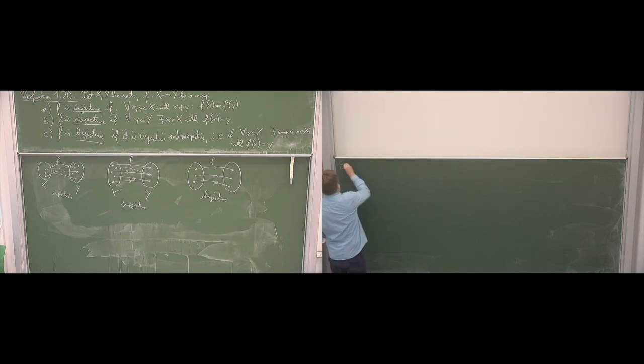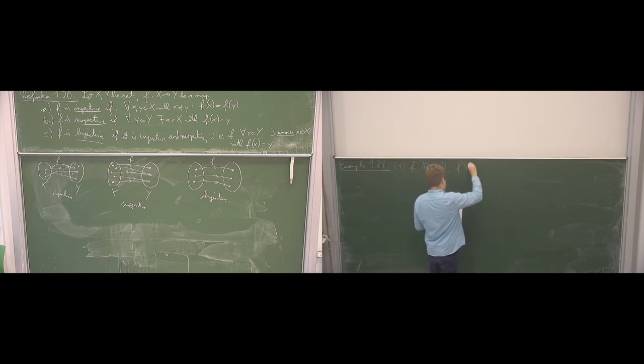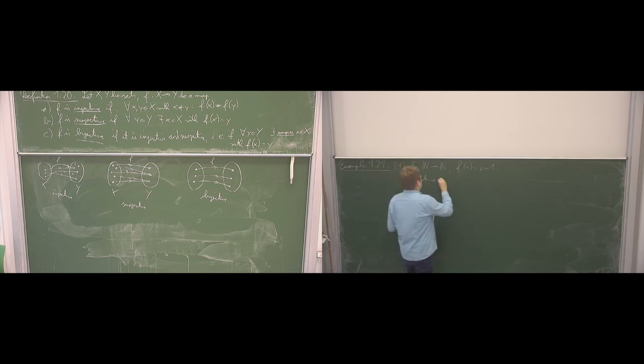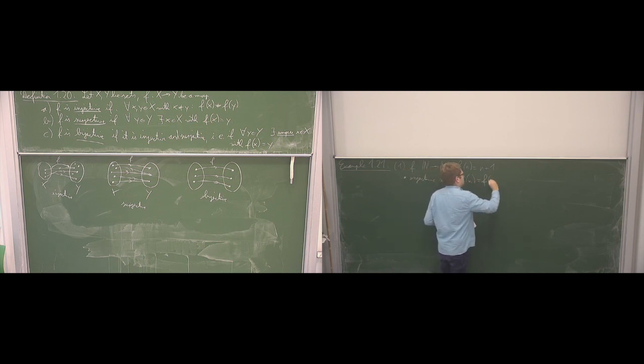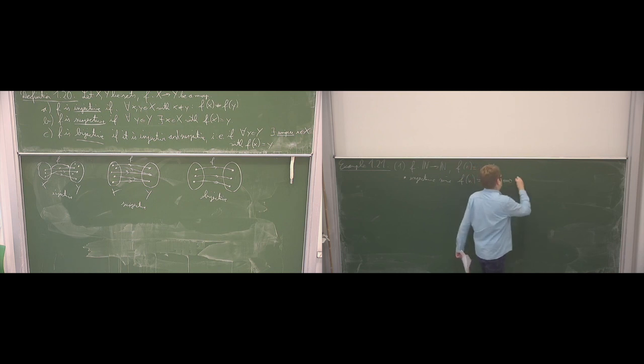So example 1.2.1. First of all, the map which goes from the natural numbers to the natural numbers, namely f of n is simply n plus 1. Okay, this map is injective, since if two images coincide, so if f of n is equal to f of m, this would mean n plus 1 is equal to m plus 1, and this only holds if the two points were identical before.